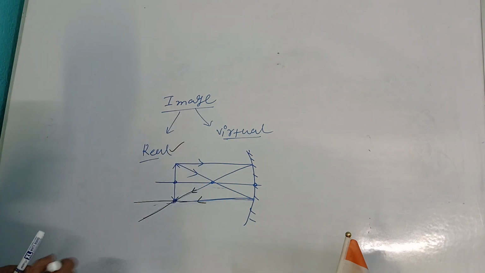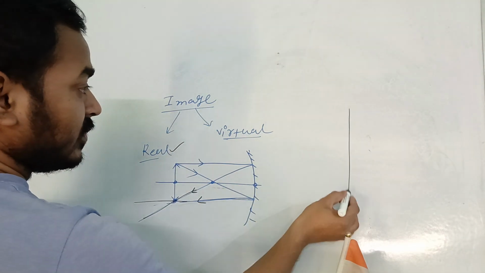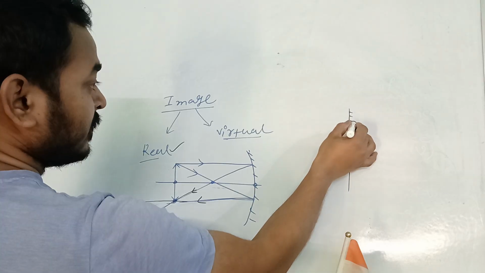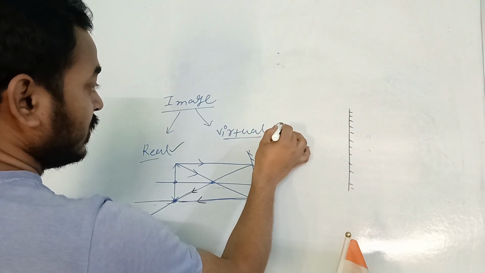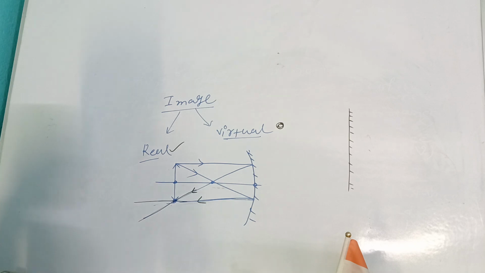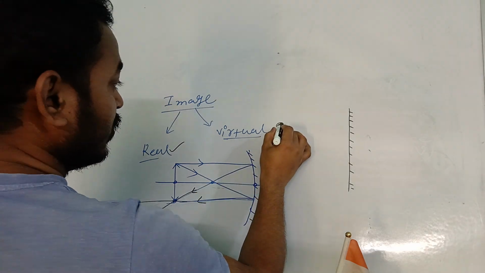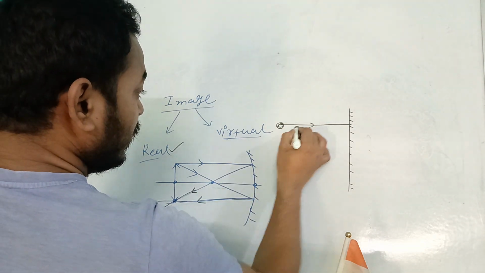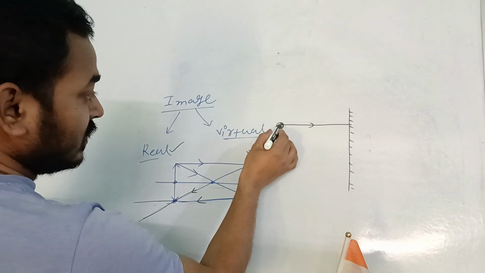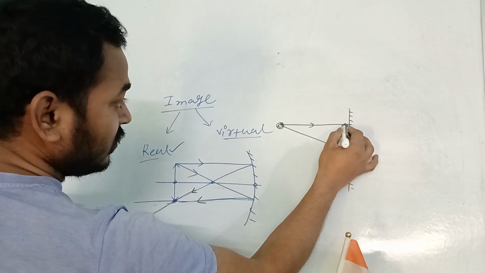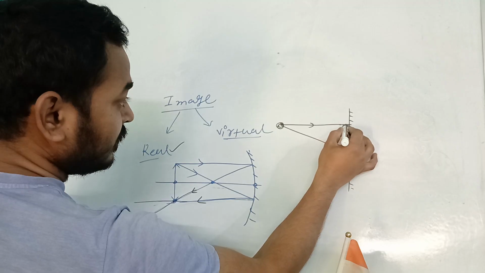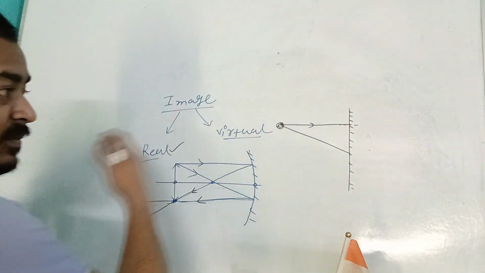And a virtual image, in the case of a normal plane mirror. Suppose this is the object. As we know, we have to draw one ray, a normal incident case, and an oblique incident case. Here the ray is along the normal, so it will reflect back.